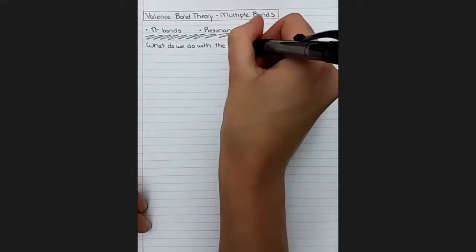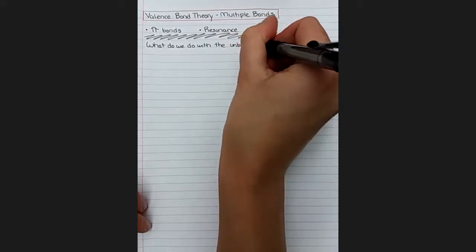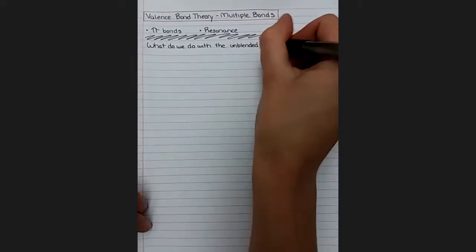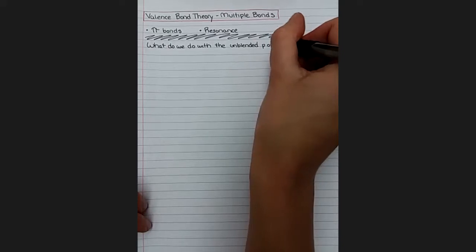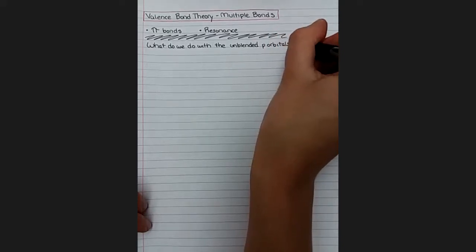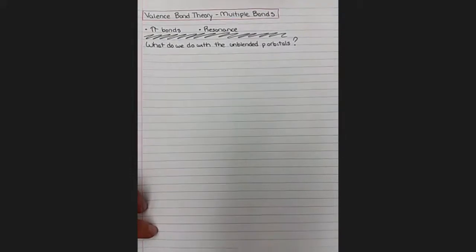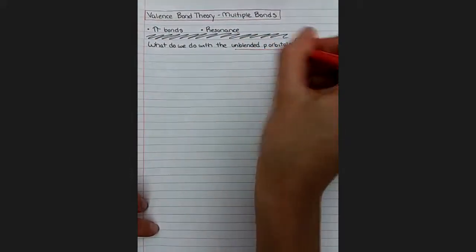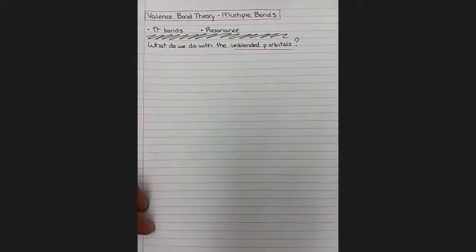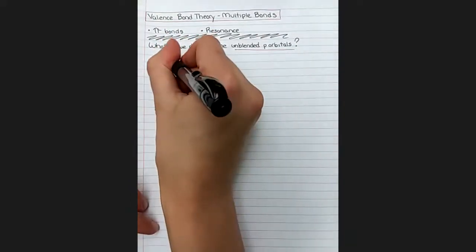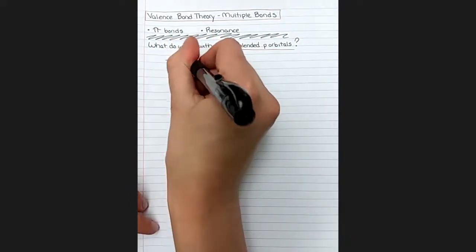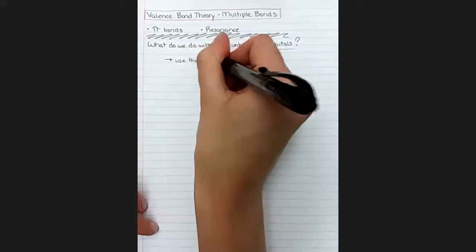The ones that were left over that we didn't use to make hybrids. So sometimes these p orbitals remain empty, but most of the time we use these to make pi bonds.